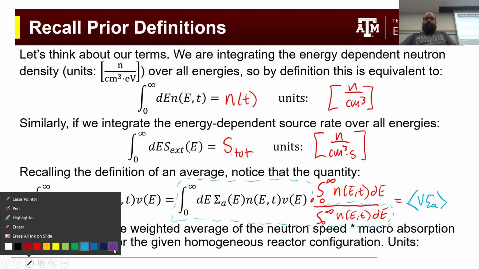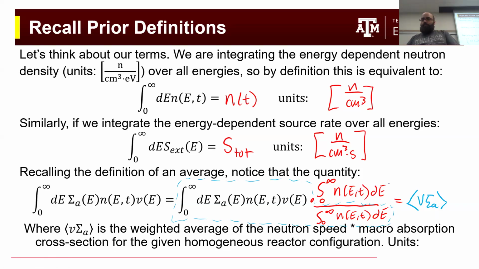And then that term in the numerator is what's left over, this guy. This term in the numerator, again, I'm just integrating my energy-dependent neutron density over all energies. And when I do that, I just get back my N of T. So that absorption term simplifies to the average v times sigma a times my neutron density.